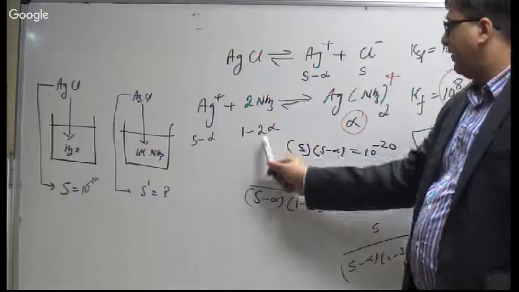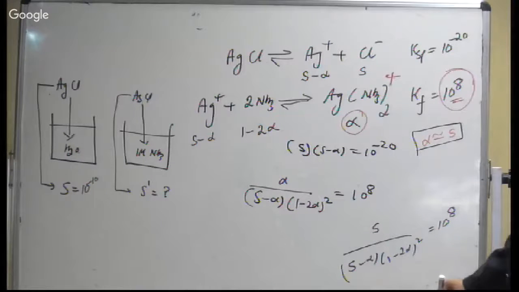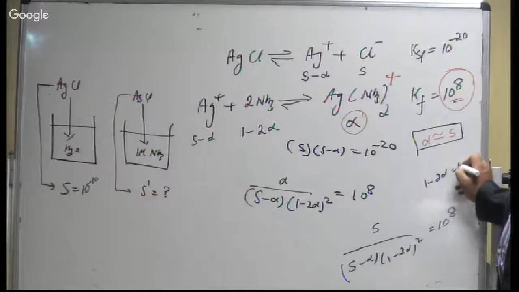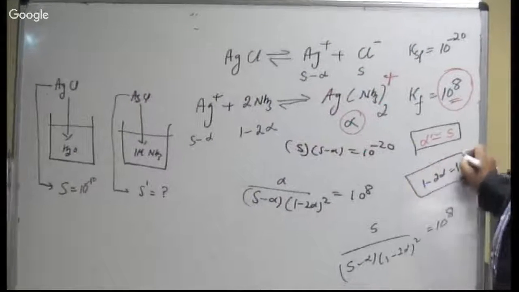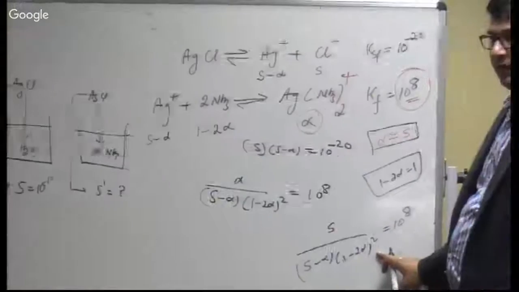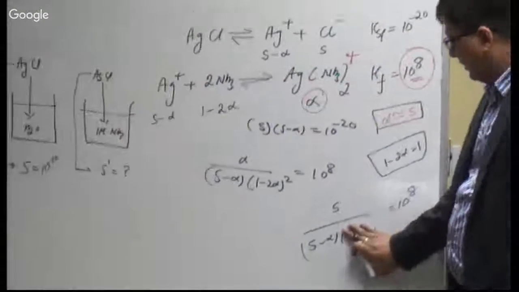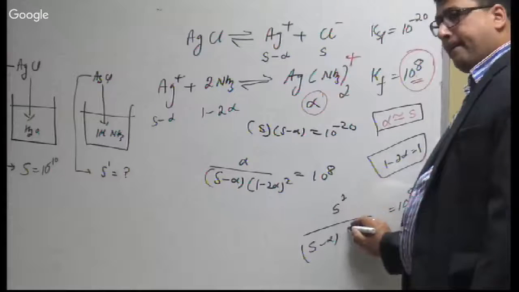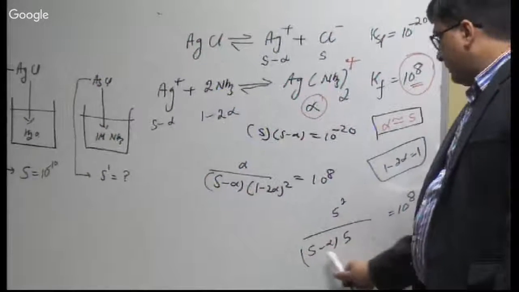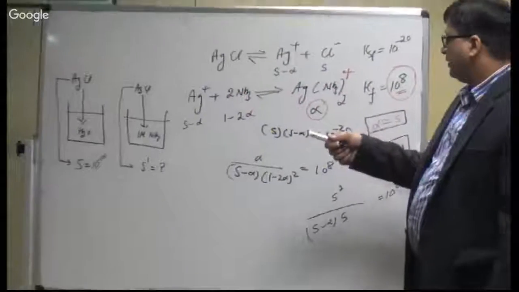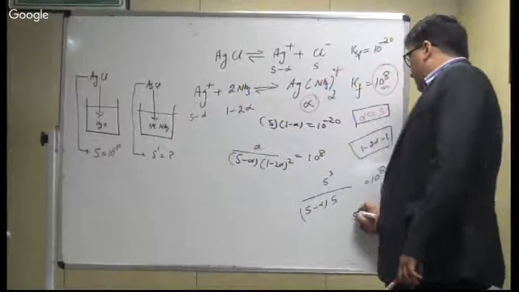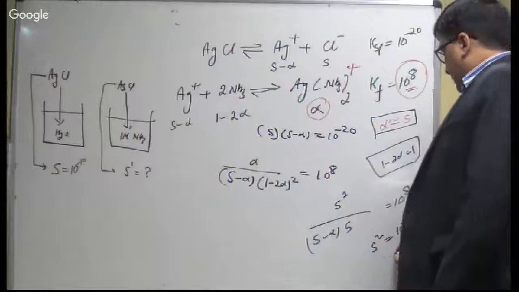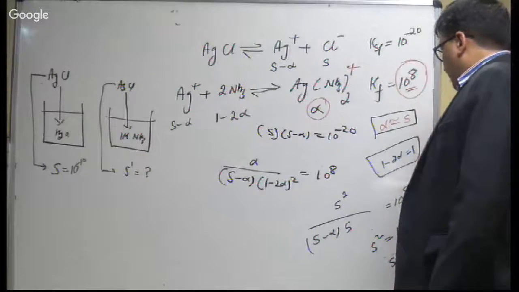So 1 minus 2 alpha can be written as 1. Yes or no? So this part is eliminated. Yes. I am multiplying both sides by S. S into (S minus alpha) is 10 to the power minus 20. So can I write S squared equal to 10 to the power minus 12? S equals 10 to the power minus 6.